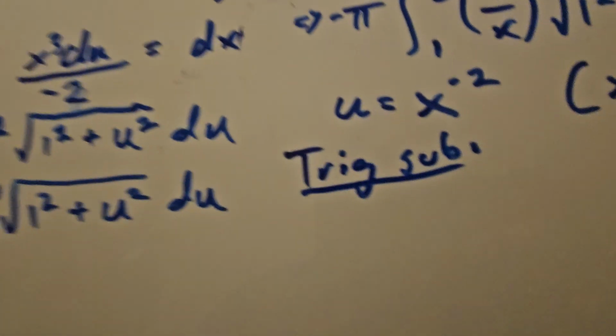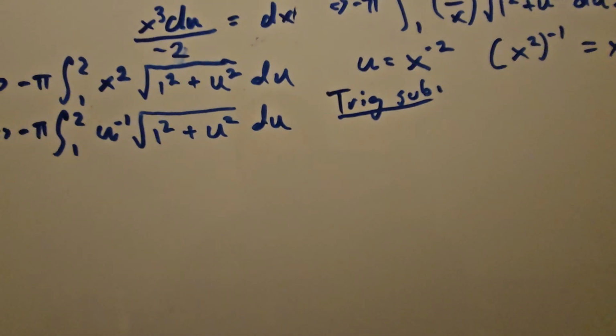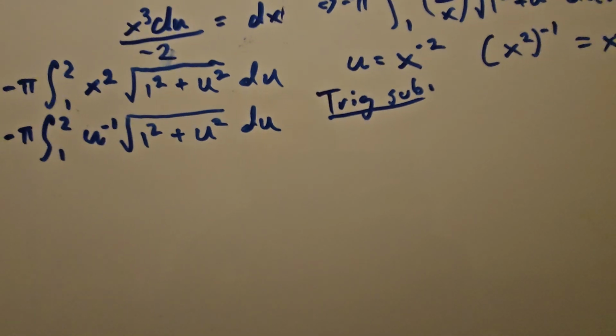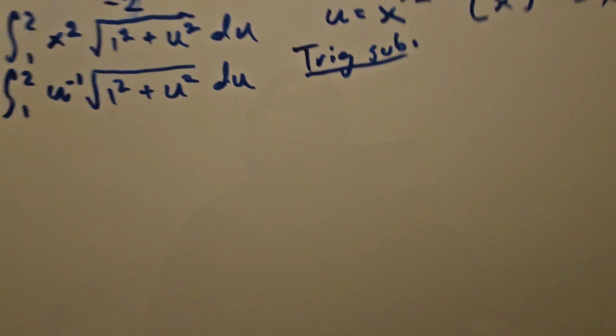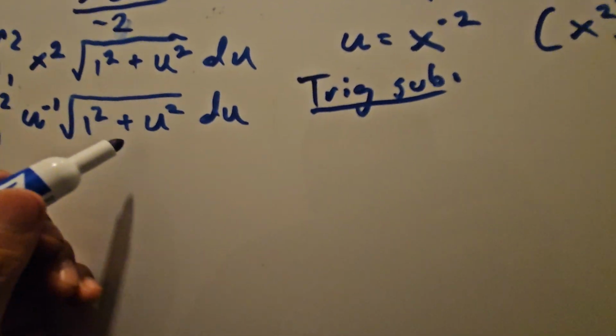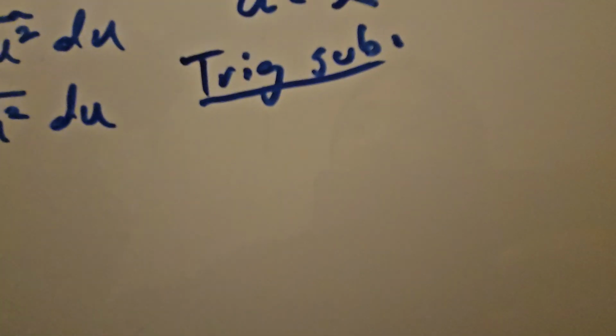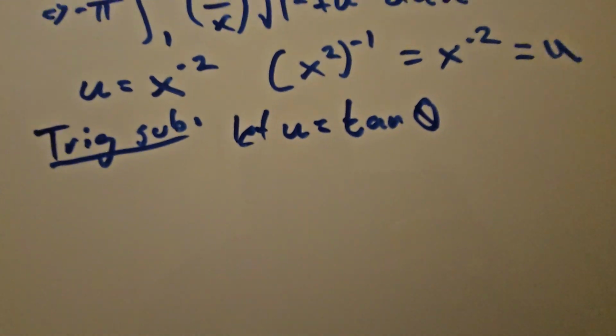If you don't remember your trig sub, that's all right. Just look at your table of trig sub. It should be somewhere in your textbook. Any calculus textbook should have it. So look at this, 1 squared plus u squared, we are going to use trig sub. Let u equal tangent theta.